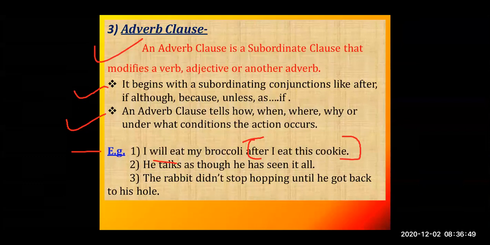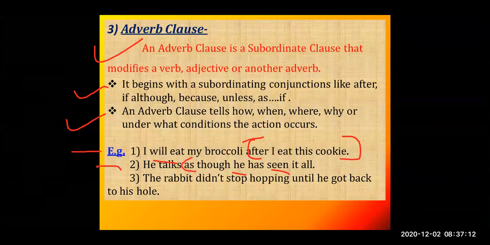Second example: "He talks as though he has seen it all." Now here he is your subject, seen is your verb. Again, it starts with the subordinating conjunction as.